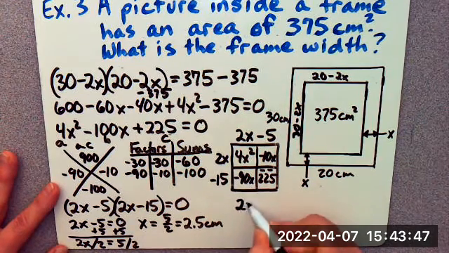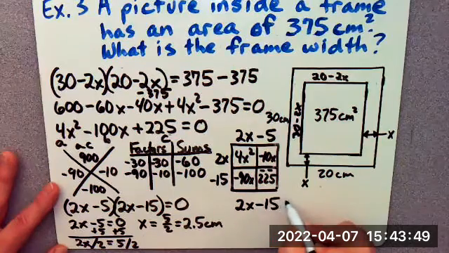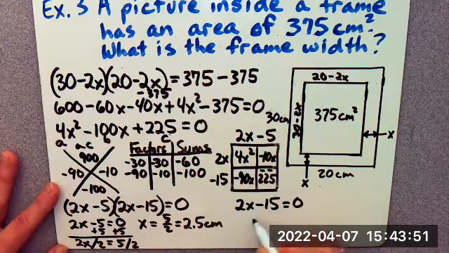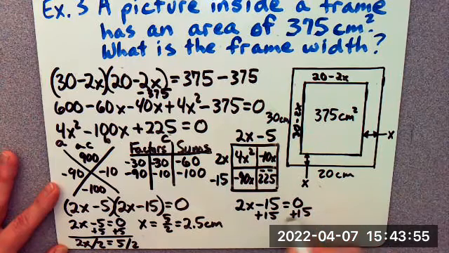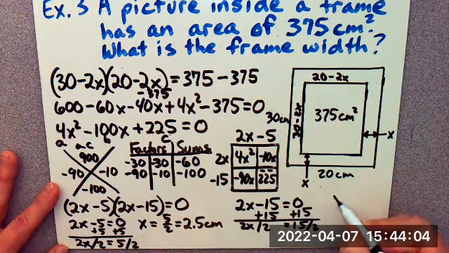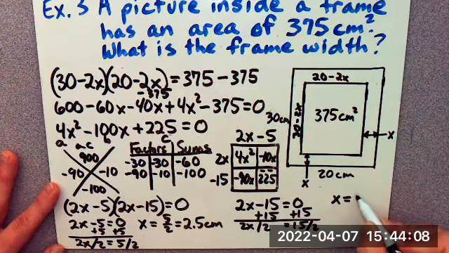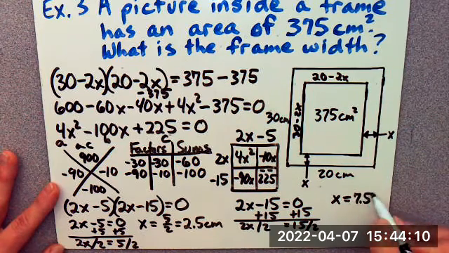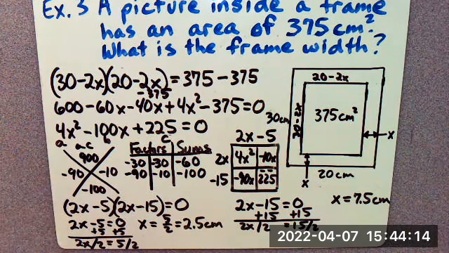So we have 2x minus 15 equals 0. We add 15 to both sides. So we have 2x equals 15. We divide by 2, and we get x equals 7.5 centimeters. That's a little large, 7.5 centimeters.